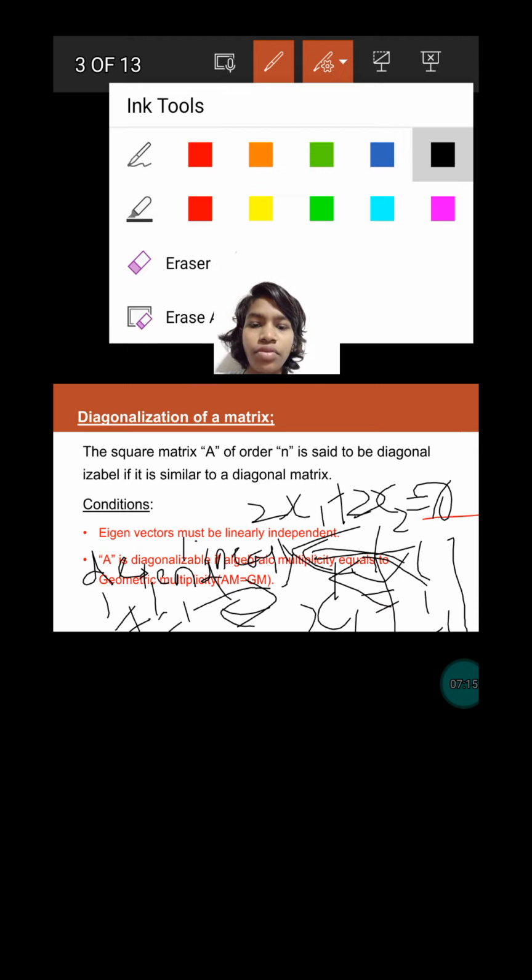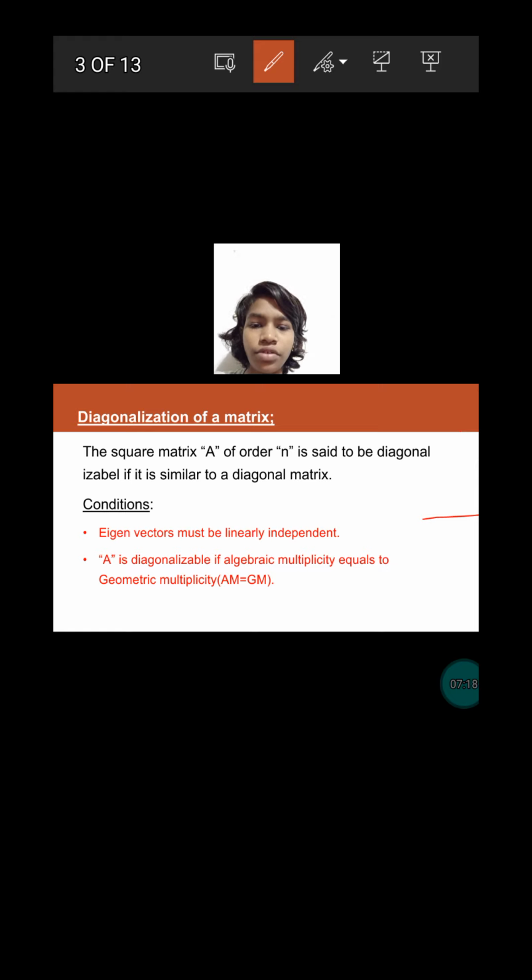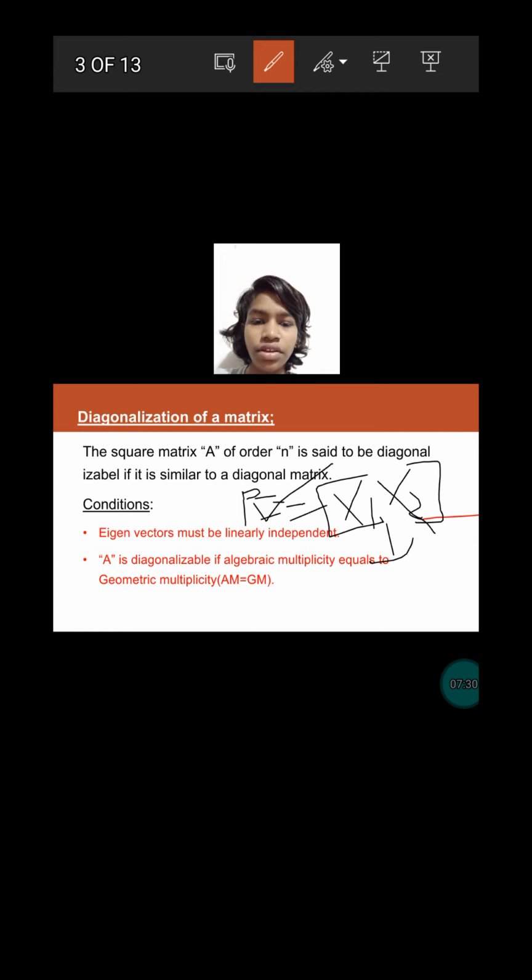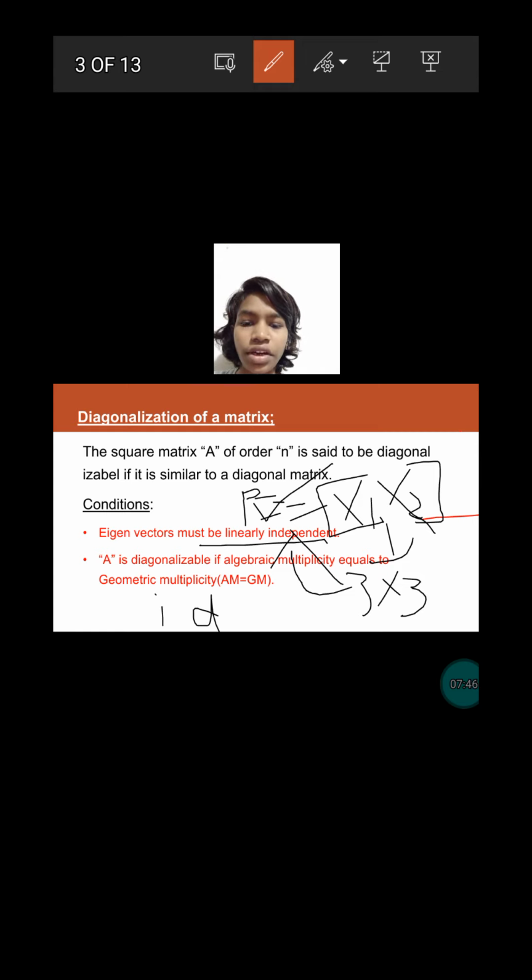So we cannot find the modal matrix P. We cannot find the modal matrix using only two eigenvectors for 3 by 3 matrices. So in that case, the given matrix is not diagonalizable if the eigenvectors are not linearly independent.